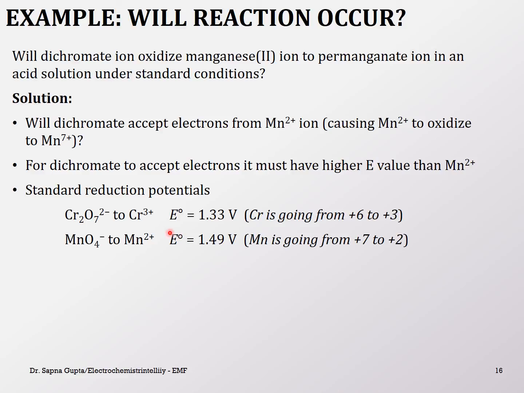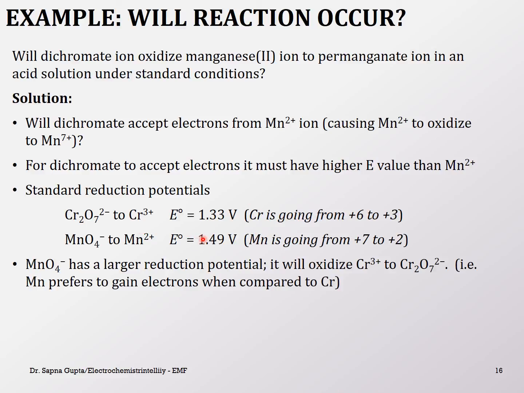But dichromate ion cannot oxidize manganese because manganese has a higher electrode potential. This is one of those cases where you have to use the electrode potential charts. There is no other way to work this out unless you see the numbers.